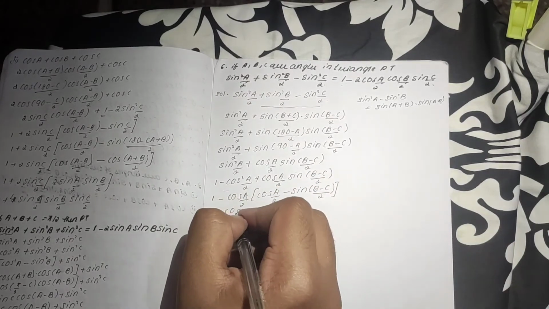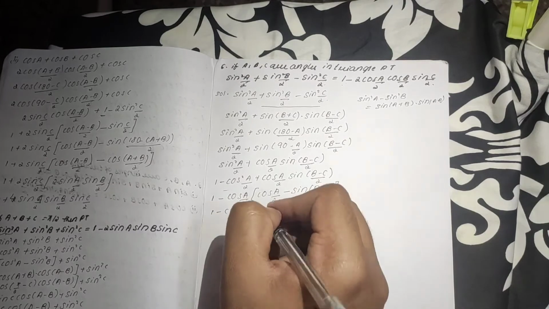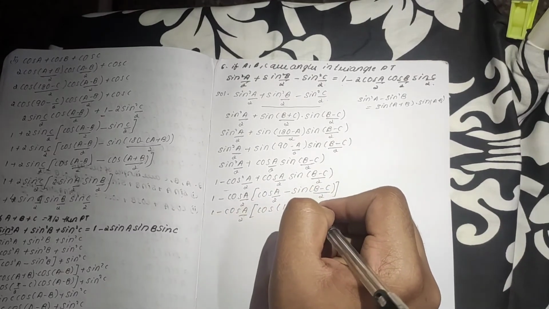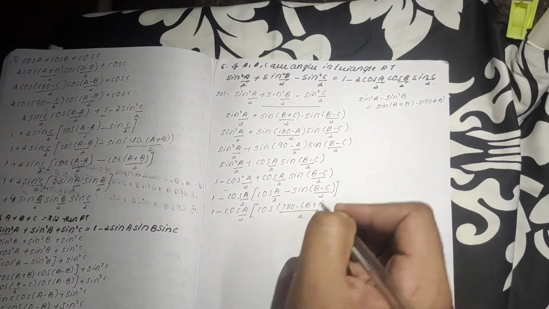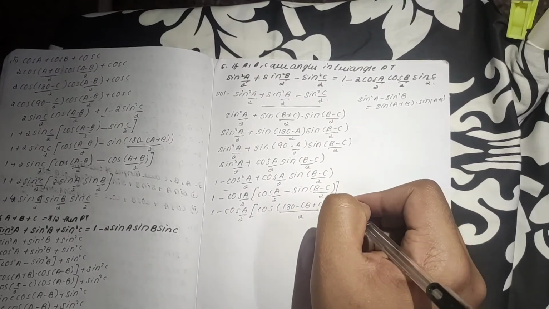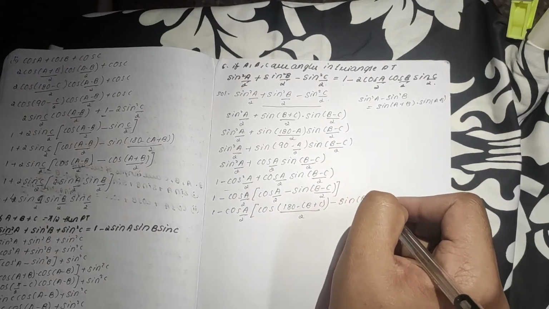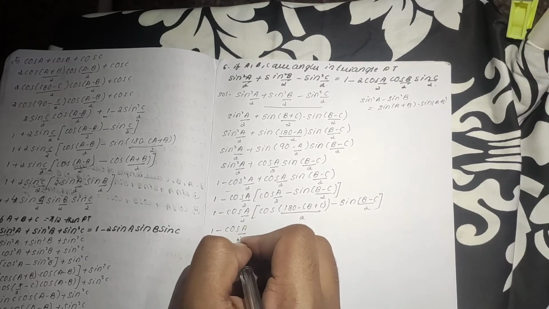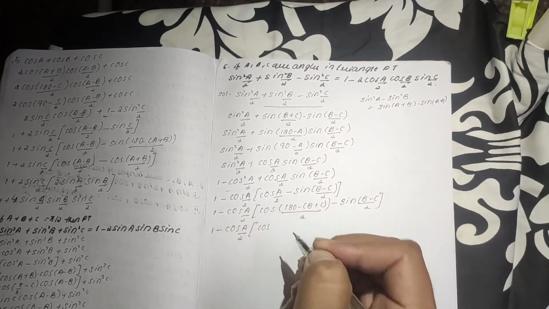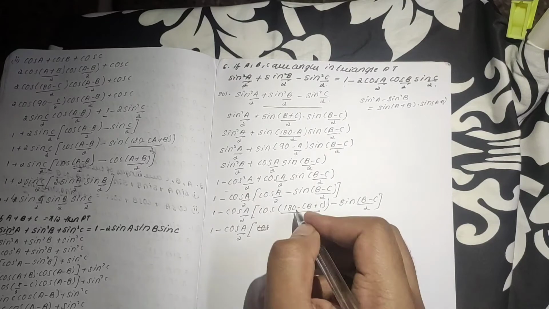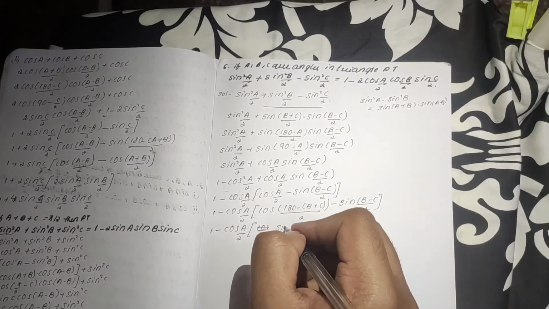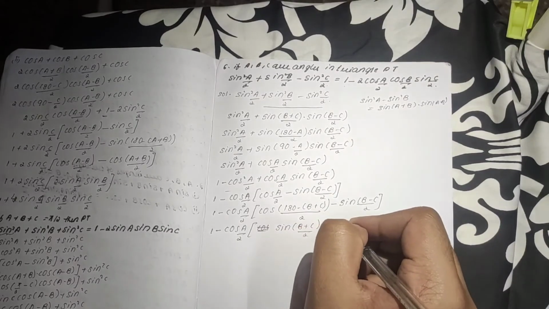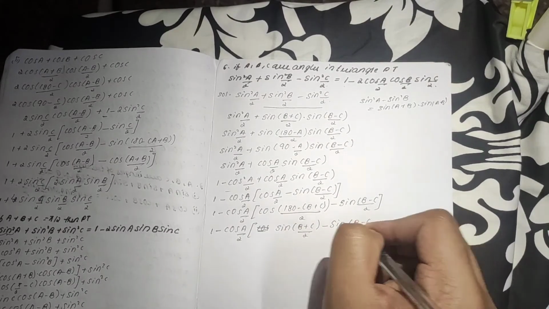1 minus cos of A by 2 into, A can be written as 180 minus (B plus C), sin of (B minus C) by 2. 1 minus cos A by 2 into, cos of 90 minus theta is sin theta, so sin (B plus C) by 2 minus sin of (B minus C) by 2.